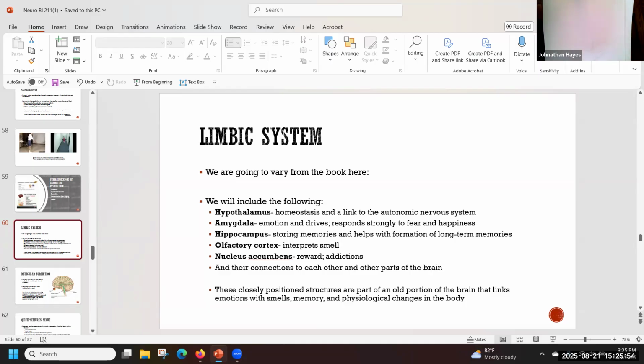And the reason the limbic system has these connections is because the hypothalamus is part of the limbic system. And very close by to the hypothalamus, you have things like your amygdala, your hippocampus, your olfactory cortex, and things like nucleus accumbens. And sometimes when things are located close in proximity in the nervous system, stimulation of one could similarly lead to stimulation of another. And of course, they're all interconnected.